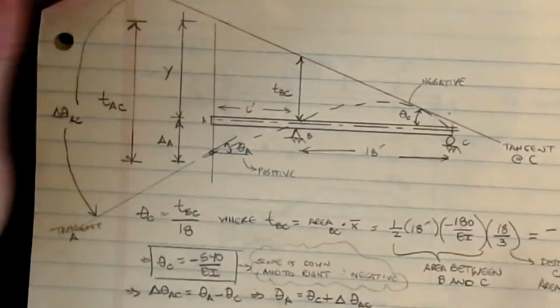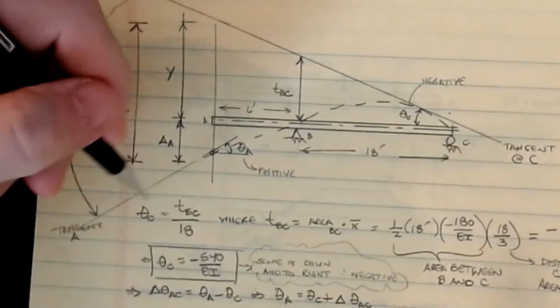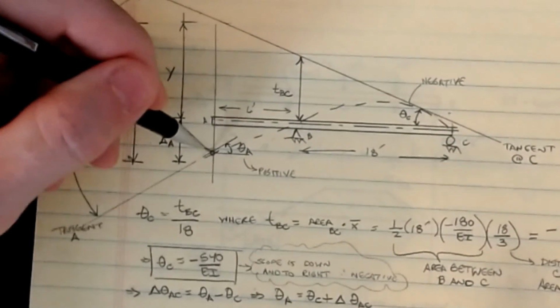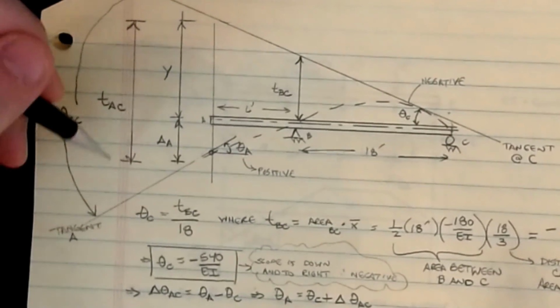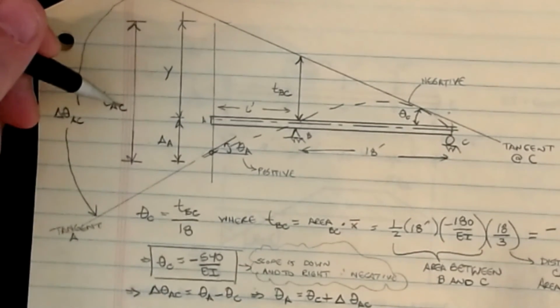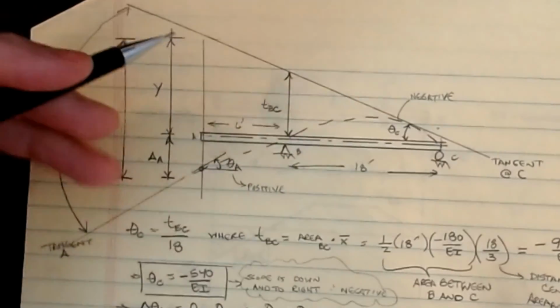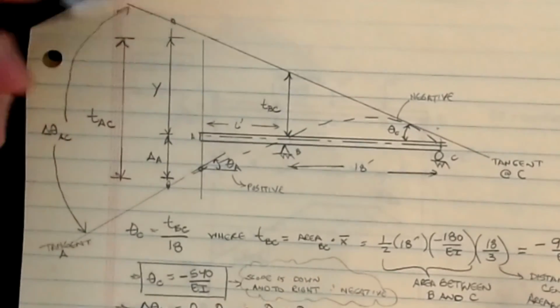If I go out to the end and draw my tangent lines, the tangent at A was clear out here, right? A has dropped down and rotated counterclockwise, and so the tangential deviation at A with respect to the tangent line at C, the line that took off up here, goes from here all the way up to there.